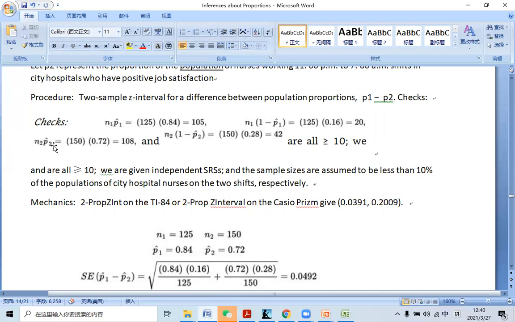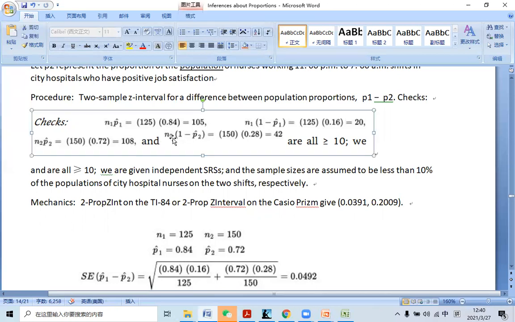And then you check the second sample. N is 150. You got 150 nurses from the night shift. And the proportion, the satisfied proportion, 0.72, times n is larger than 10. And then you have 150 times 0.28, which is larger than 10.